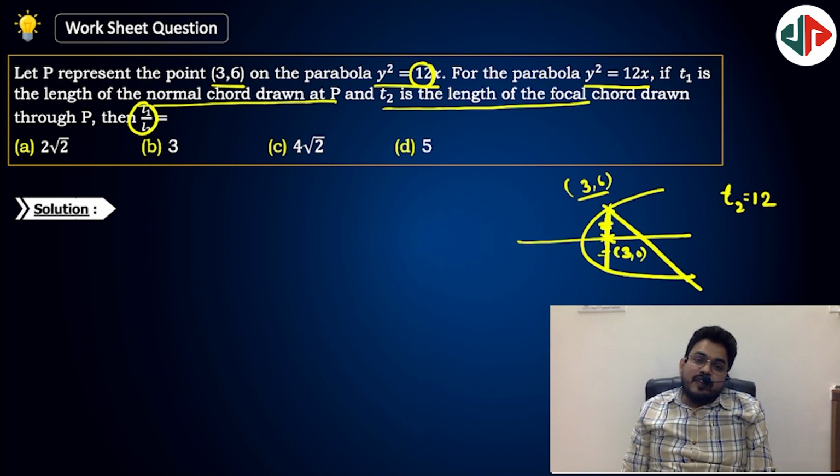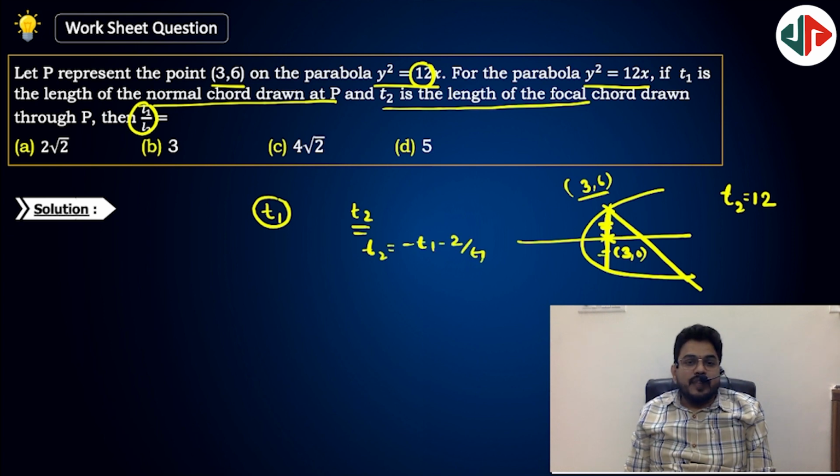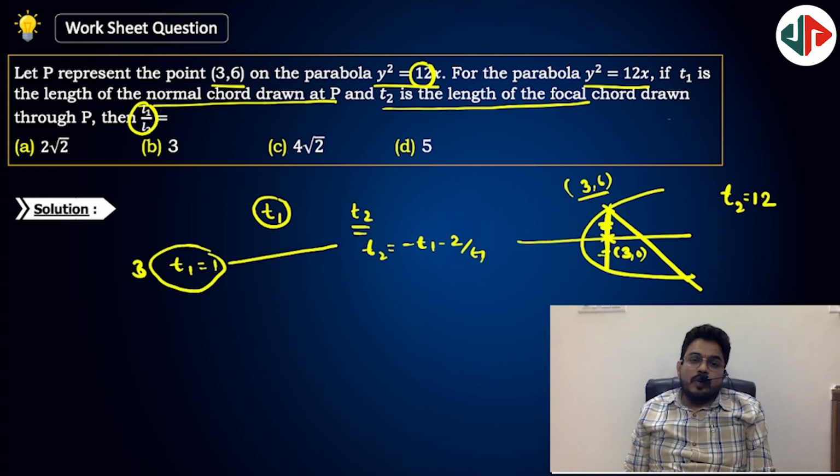So if normal at T1 meets the parabola again at T2, what is T2? T2 is equal to minus T1 minus 2 by T1. So here A is equal to 3. So T1 is equal to 1. T2 is equal to minus 1, minus 2, minus 3.